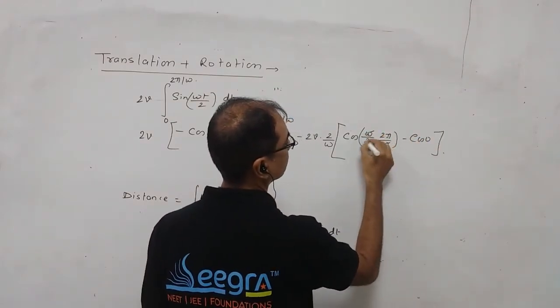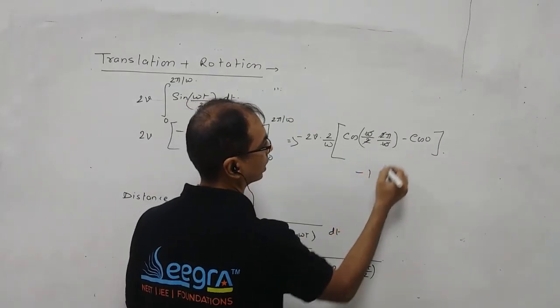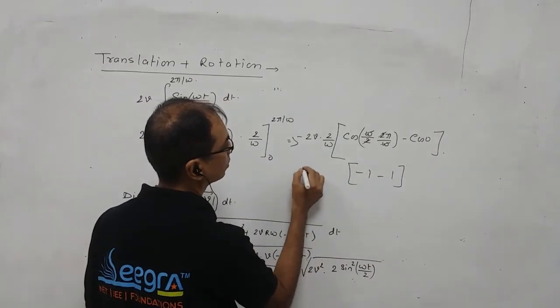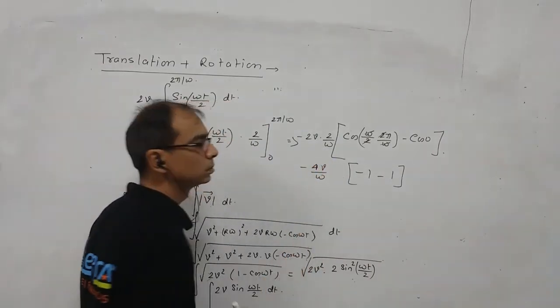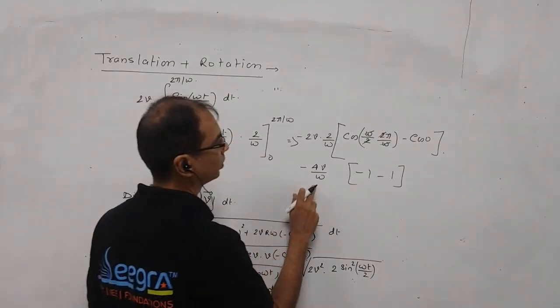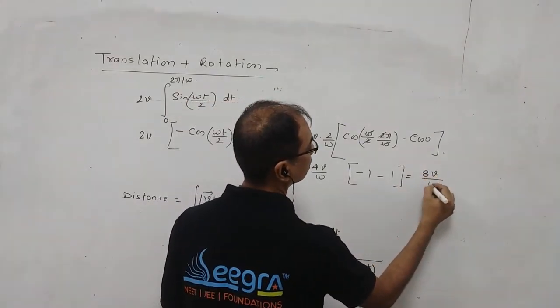So omega cancels, 2 cancels. Cos pi is minus 1, so minus 1 minus cos 0, which is 1. And what we have here? Minus 4V by omega into minus 2, so plus 8V by omega is coming.